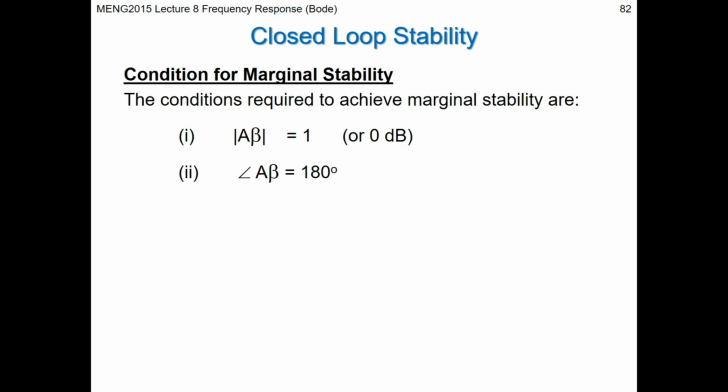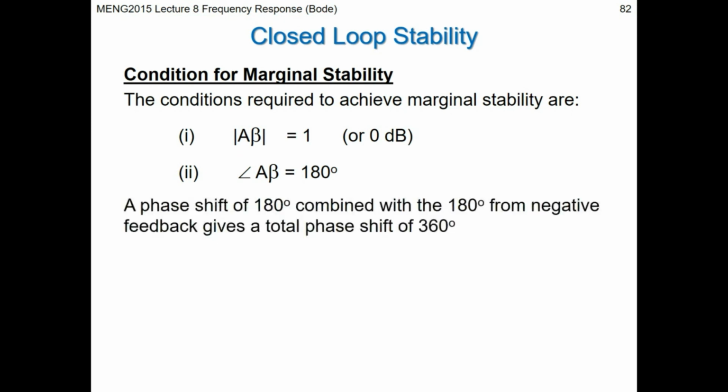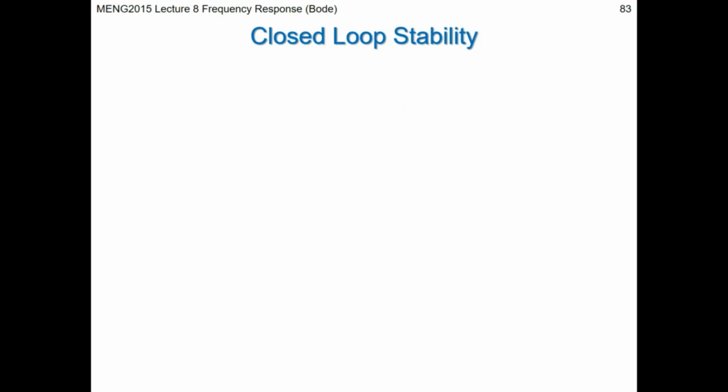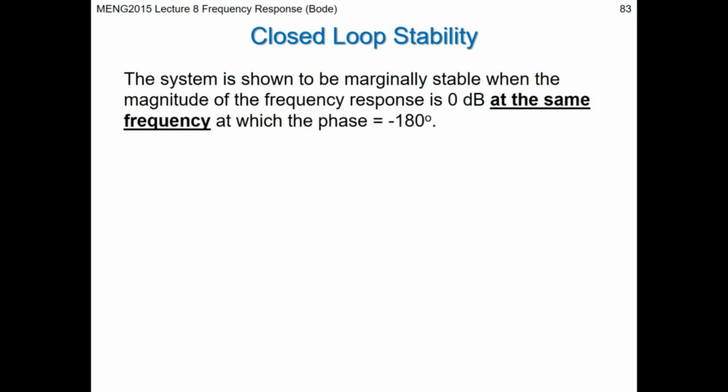So A and beta, those two transfer functions together, have to shift the phase of the system by 180 degrees. If you add the 180 degrees phase shift from the signal passing through those two blocks to the 180 degrees phase shift that comes from the negative feedback summing block, that gives a total phase shift of 360, or in other words, the phase is synchronized back to the original phase.